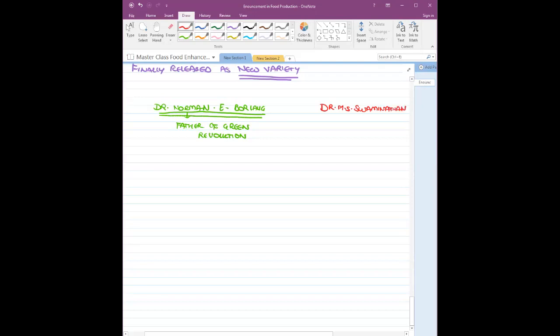Guys, this is a very, very important question from the NEET point of view, always asked. The person to initiate the Green Revolution in India is M.S. Swaminathan, and he is known as father of Green Revolution in India.